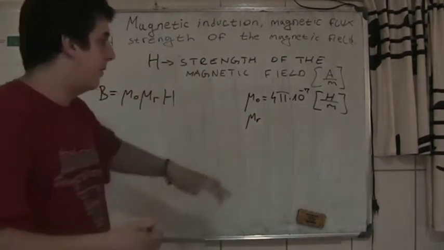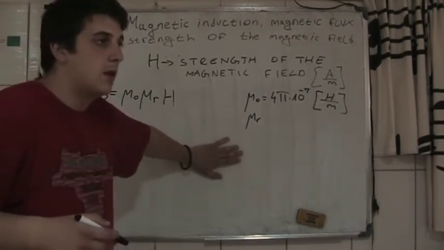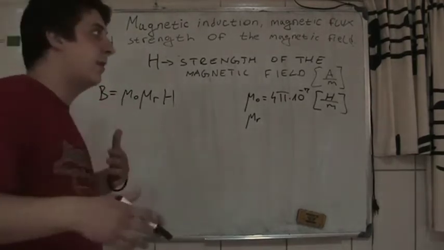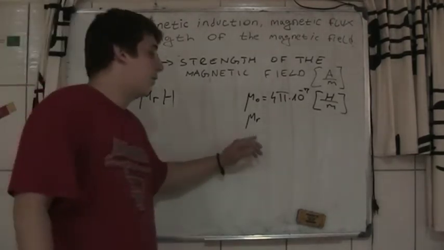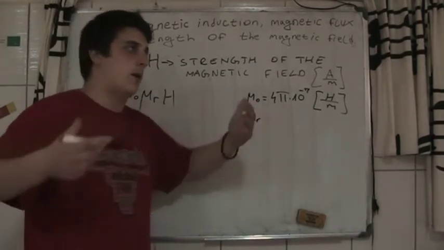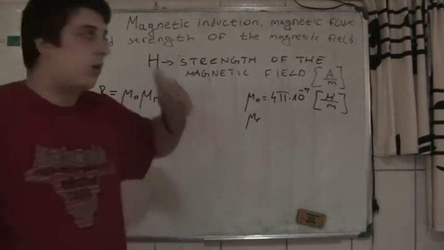This is the relative permeability of the space or the material through which the magnetic induction goes, for example iron, water.